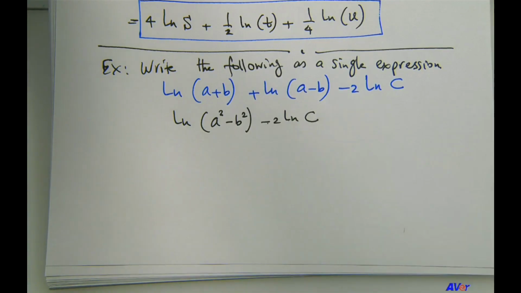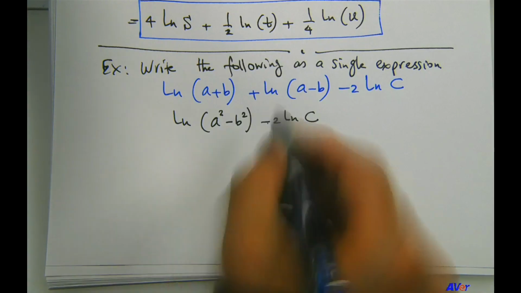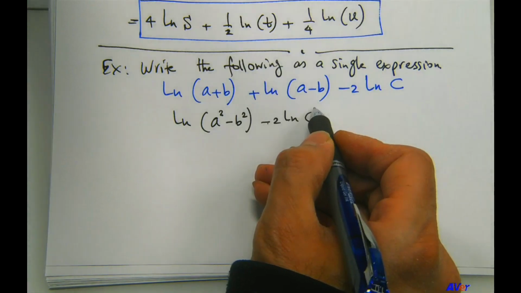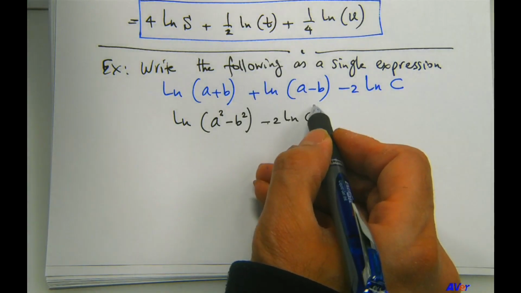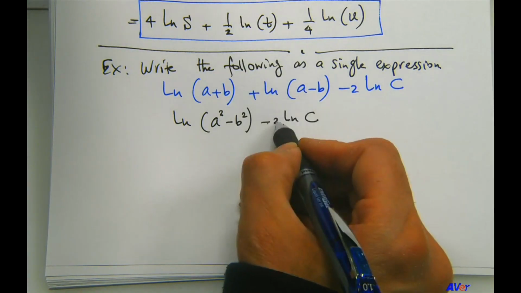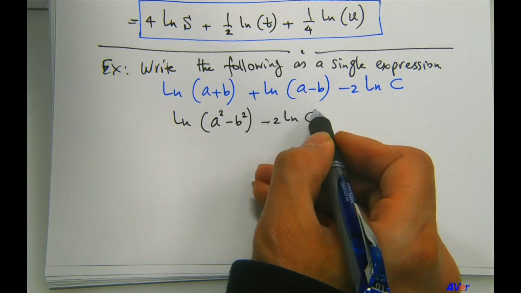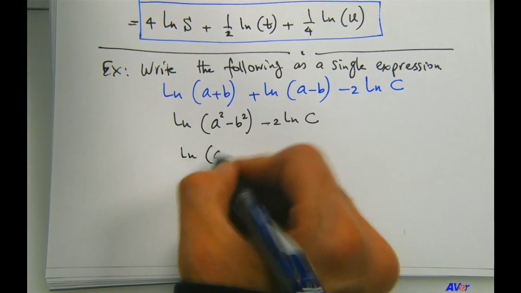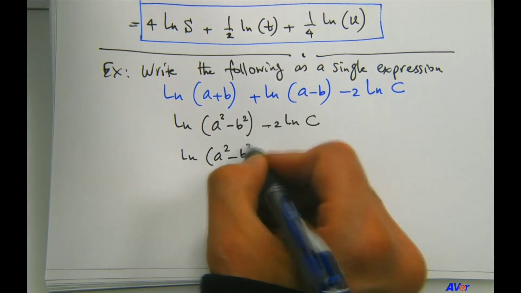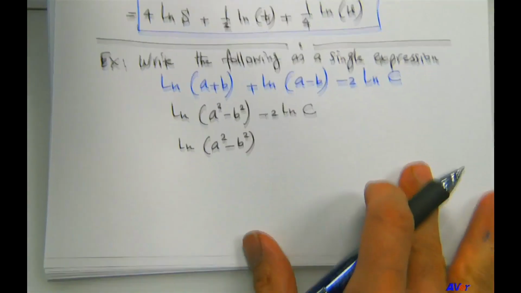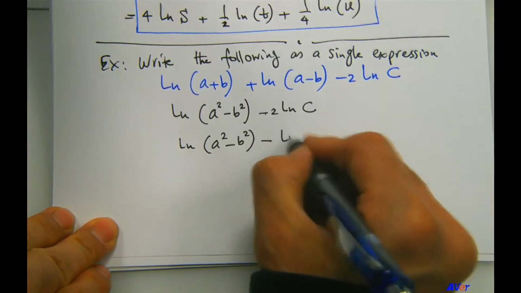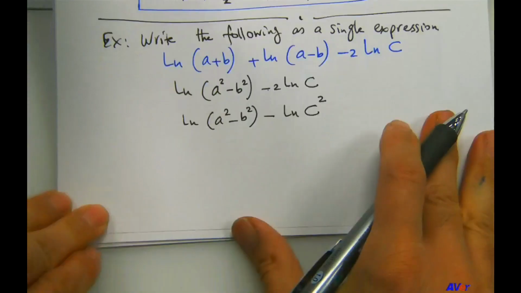Going back and writing this in more compact form, we can certainly put this back in a power, because that's where it can go. If it's a power, we can put it in front. If it's in front, we can put it as a power. So let's do that. So natural log of a squared minus b squared minus natural log of c squared.